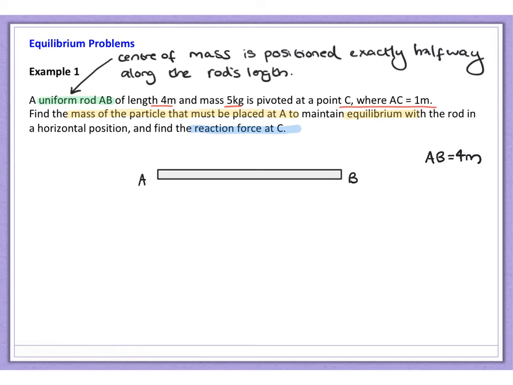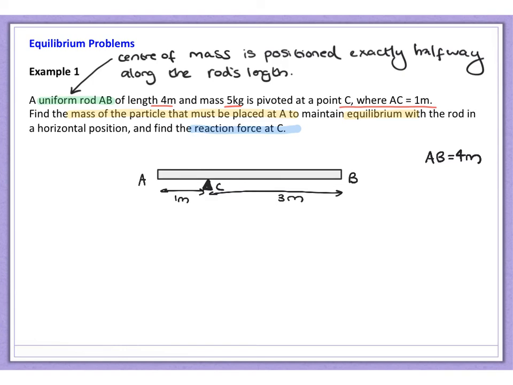Now, the rod is pivoted, so let's draw in some sort of pivot there at a point which is C, and here we know that AC is equal to 1 meter. So what I might do is now draw in the distance B to C, which of course is 3 meters.